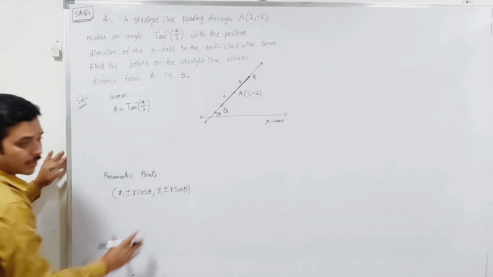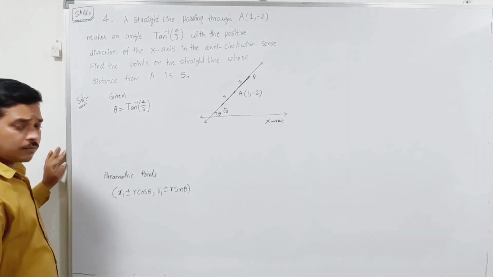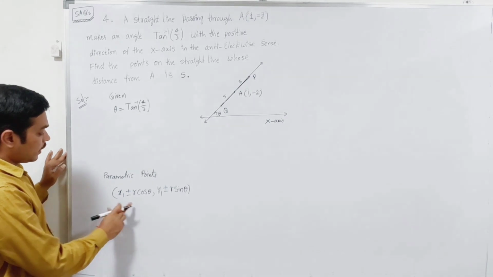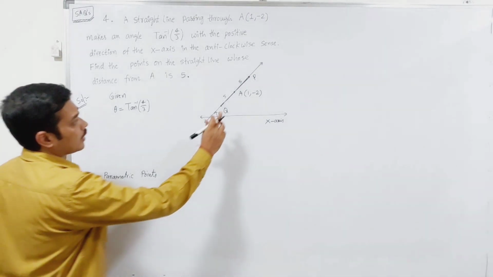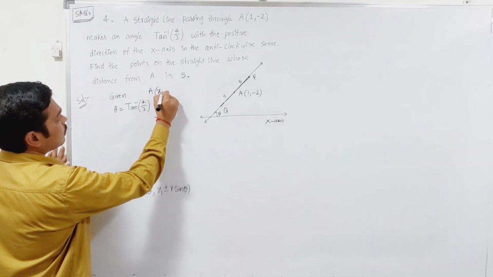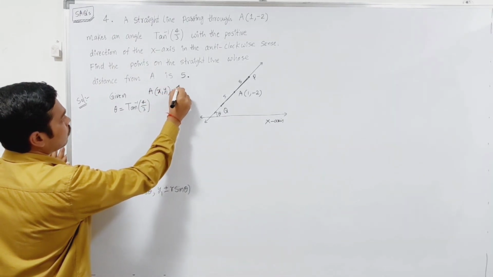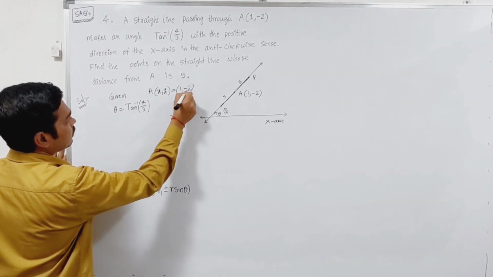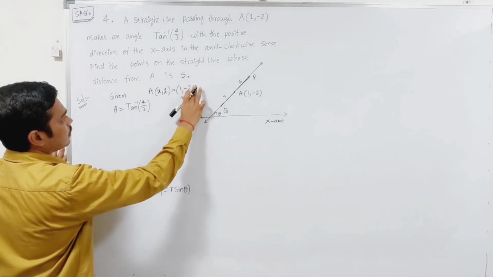By using the parametric equation, the parametric points concept, we can find the coordinates of P and Q. What is the parametric equation? Parametric points means parametric coordinates of points on a line. In this, x1, y1 is the given point, that is (1, -2).